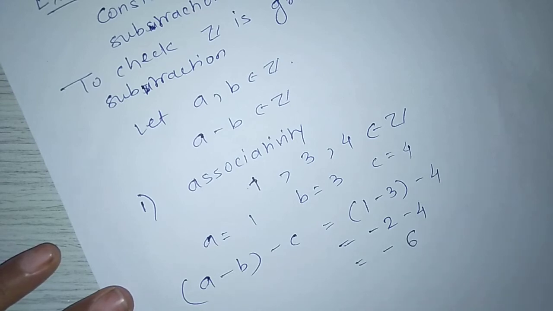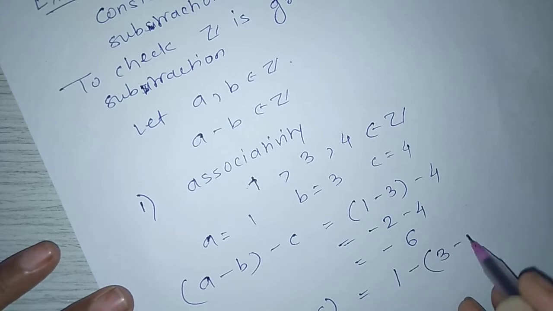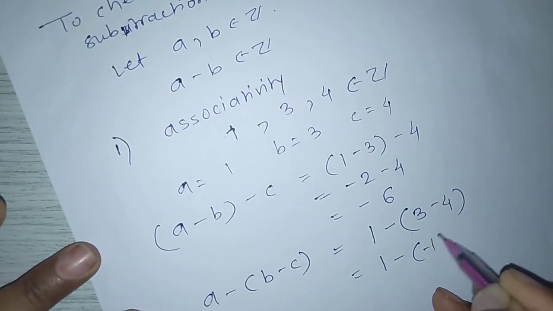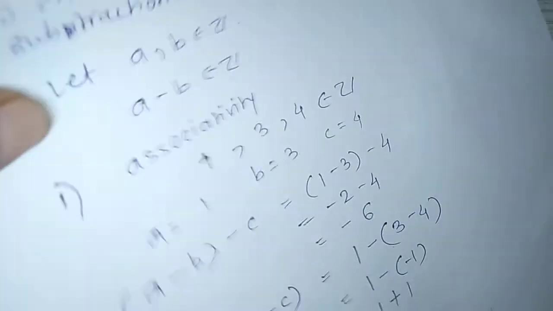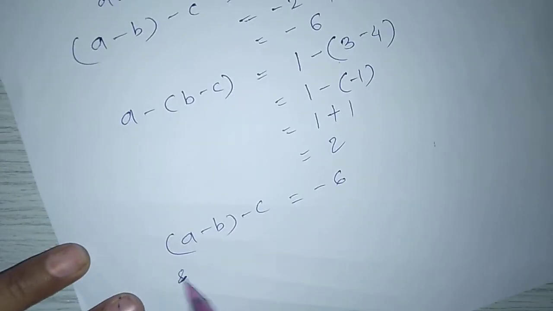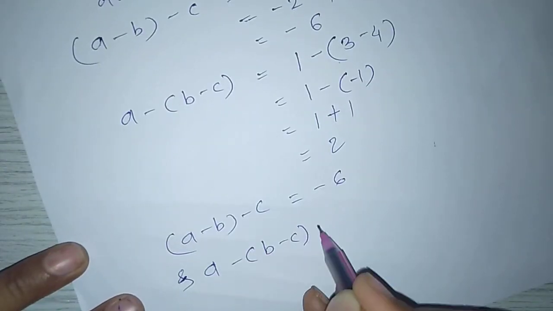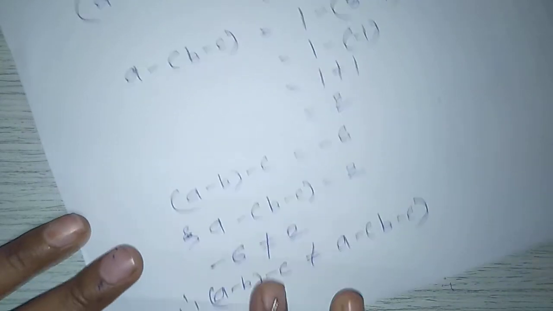Now a minus (b minus c) equal to 1 minus (3 minus 4), 3 minus 4 is minus 1, 1 minus minus 1 is 1 plus 1 equal to 2. Here we get (a minus b) minus c equal to minus 6 and a minus (b minus c) equal to 2. Minus 6 is not equal to 2, therefore (a minus b) minus c is not equal to a minus (b minus c).